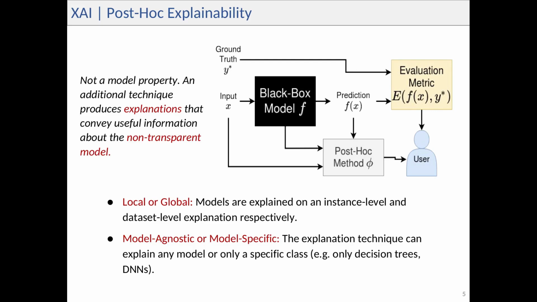And these convey useful information about the model that we would otherwise not be able to extract on our own. From here we can justify the term post-hoc, because the method phi is applied after the fact, meaning after the model F is trained and deployed, and we can still apply phi.